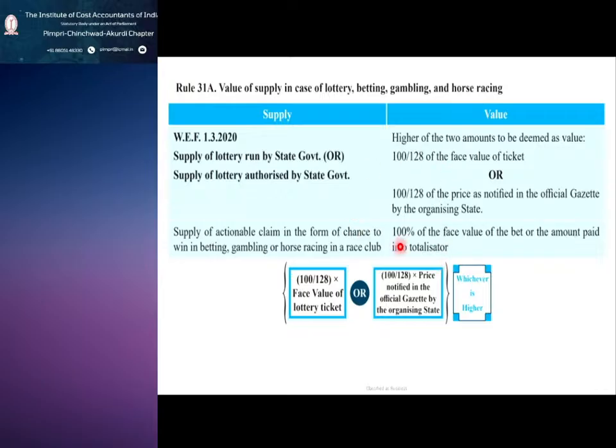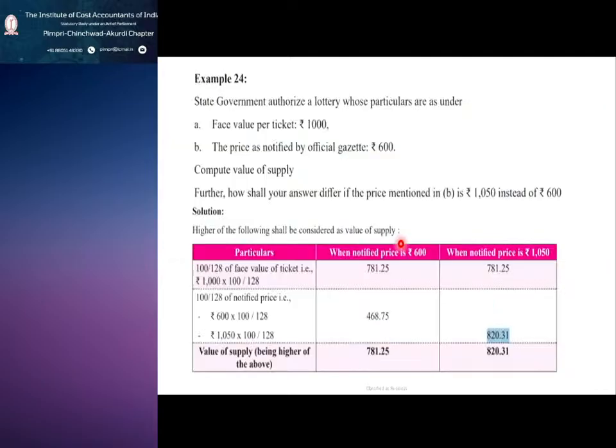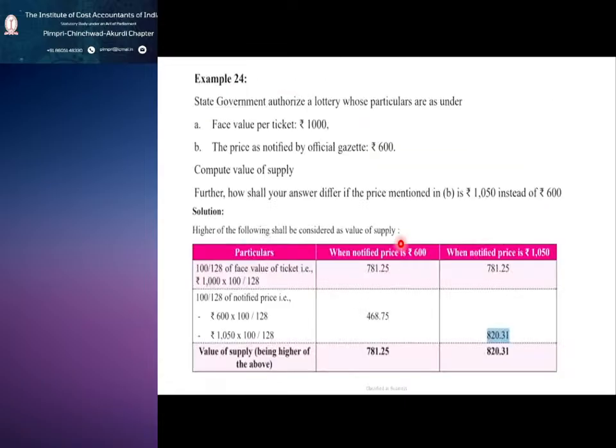We'll see the example in our material. There is only one, even in the final there are only one or two. The state government authorizes a lottery whose particulars are as under.